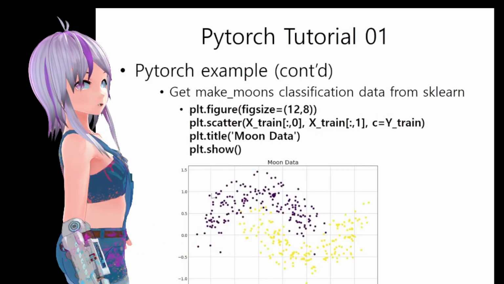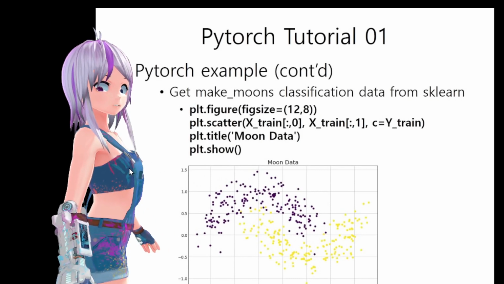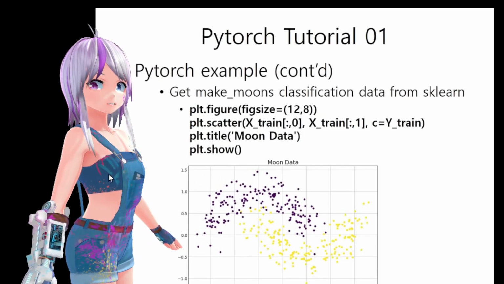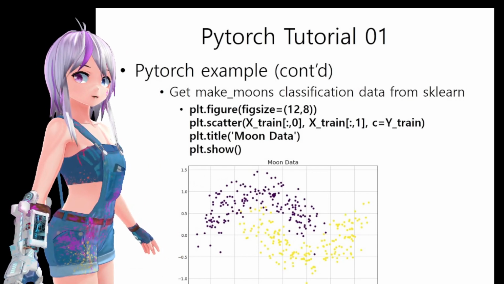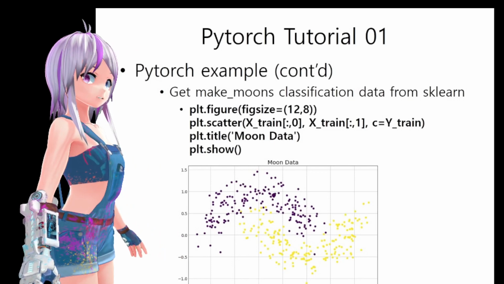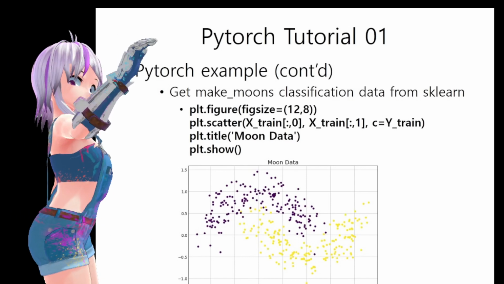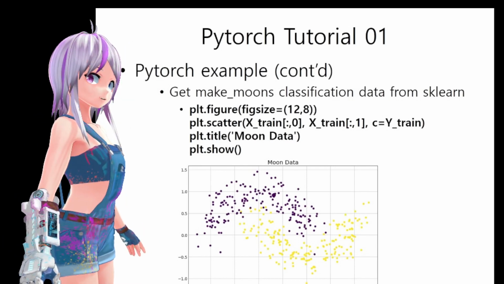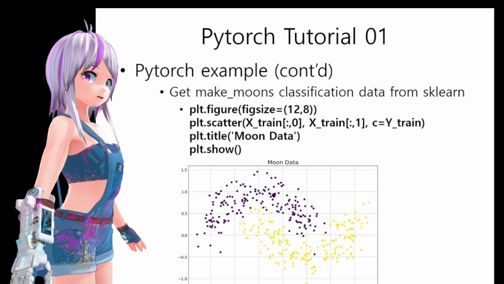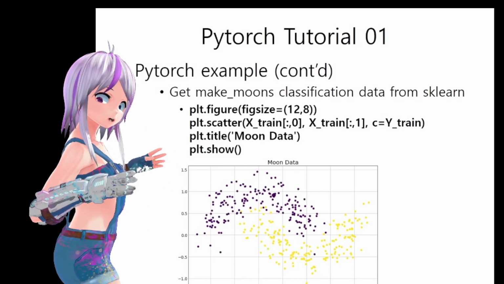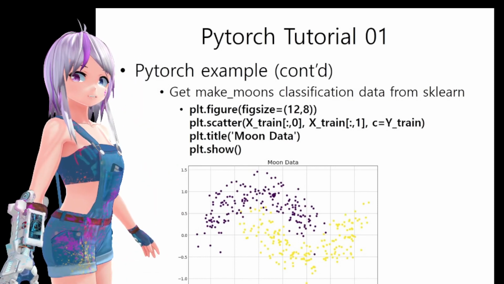Okay, continuing the example, we get this make moons classification data from sklearn. Okay, we already did that, and you need to take a look at it by using plt commands: plt.figure and plt.scatter and plt.title, and finally you show the data. So here purple dots and yellow dots represent positive and negative data sets.